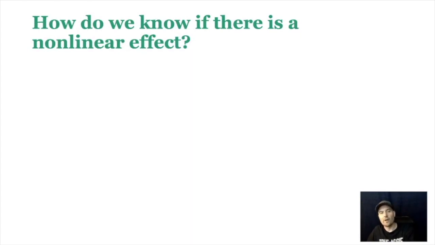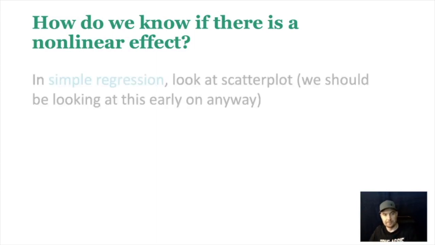So one question is, how do we know if there's a nonlinear effect? Because we've talked about in this class that there really isn't any relationships that are probably exactly linear. But we've said that a line often represents a relationship pretty well. So what do we mean by nonlinear?